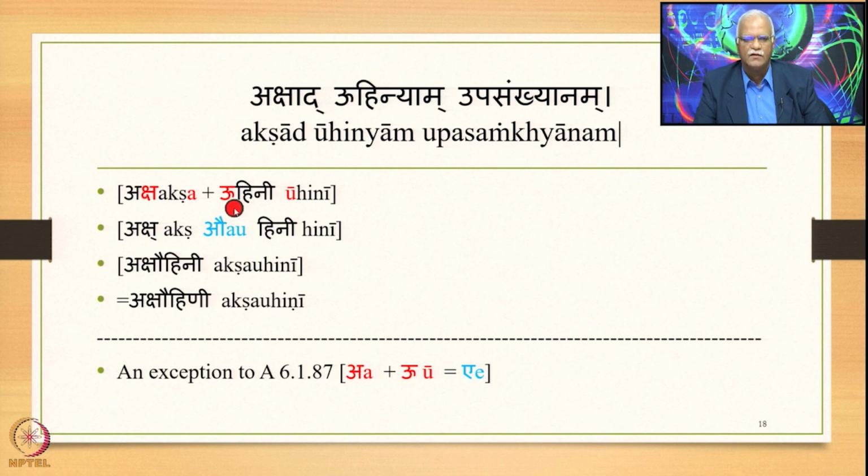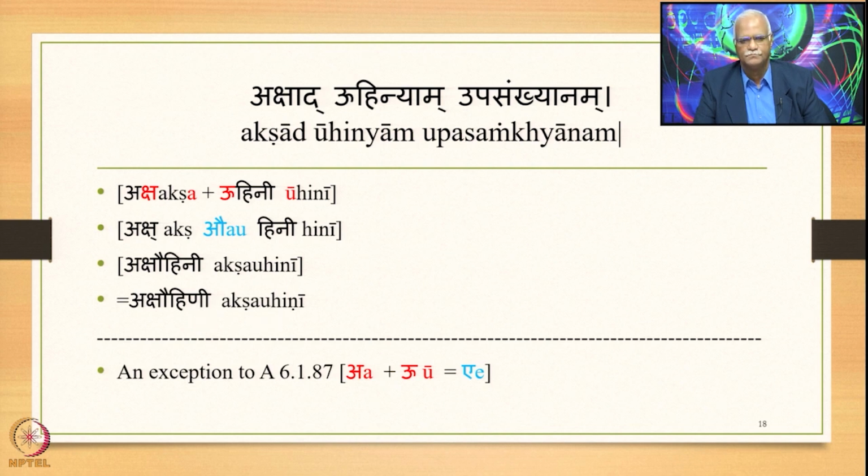And once again, the selection of the substitute will be based on the place of articulation. A has kantha as place of articulation, u's place of articulation is oshtha, and au amongst the three vriddhis has kanthoshtha as the place of articulation. So au is chosen as the substitute, and we have aksha, au and hini. So akshauhini.